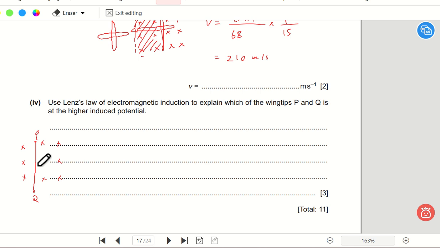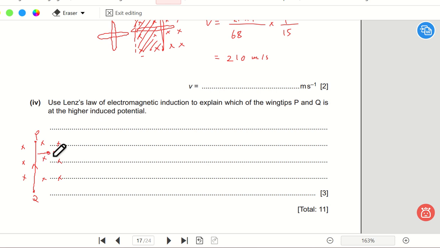This is the induced current, sorry, in the QP direction using Fleming's right hand rule. If we have motion to the right and field into the page, use your first finger into the page and your thumb in the direction of motion or velocity.